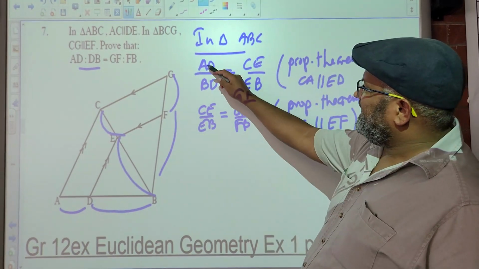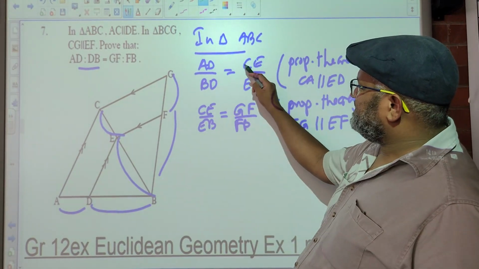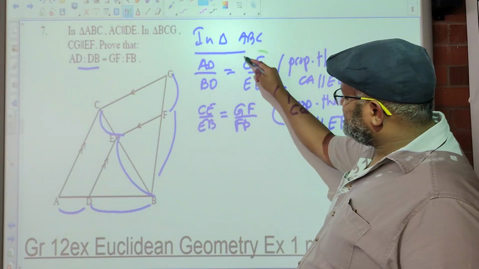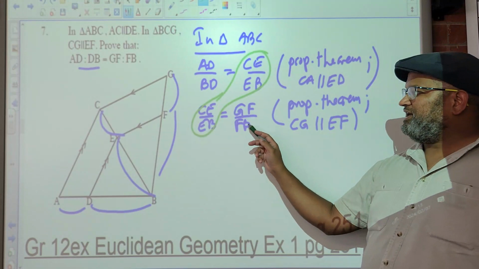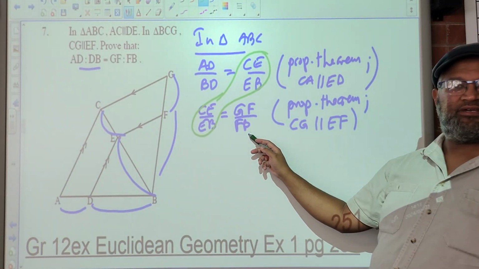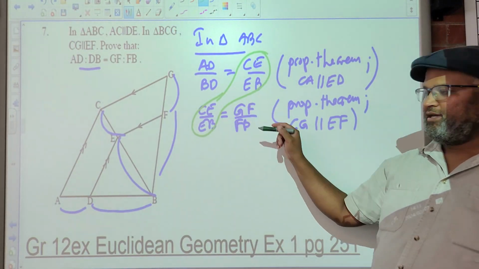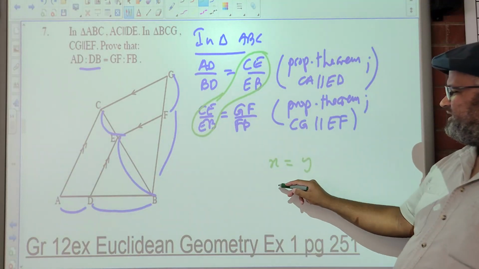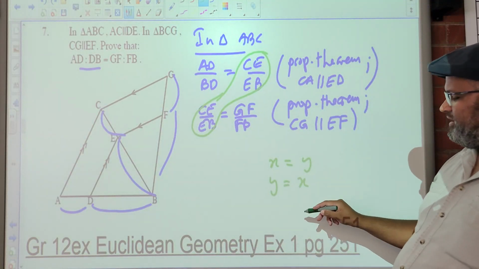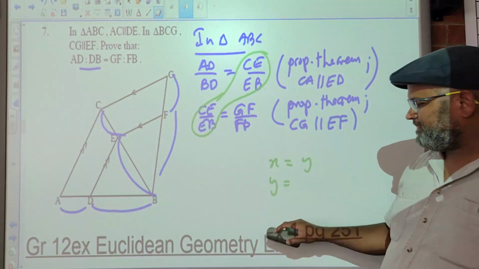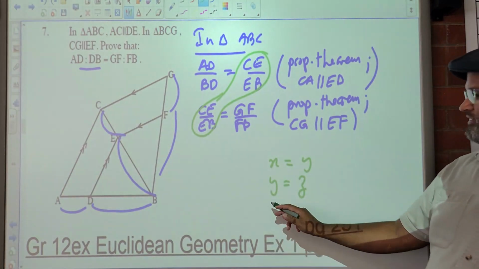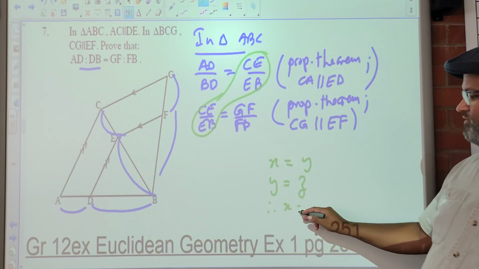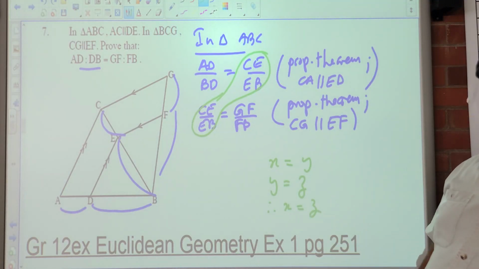We know that AD over DB is equal to CE over CB. But CE over CB is equal to GF over FB. You see, that is the same. Remember, if x is equal to y and y is equal to z, what can be concluded? Therefore, x is equal to z.